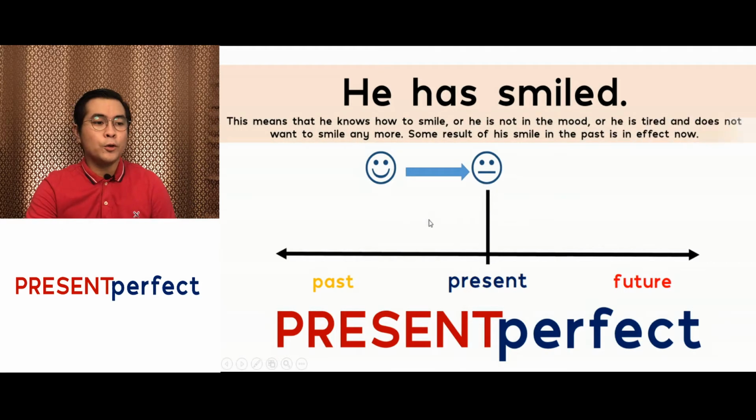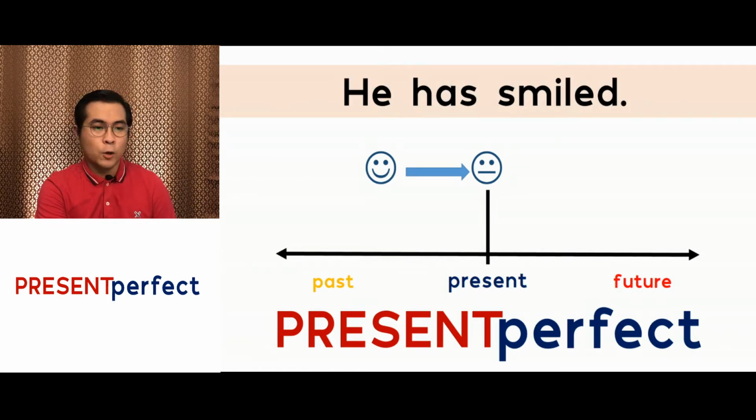So this means that he knows how to smile, or he is not in the mood, or he is tired and does not want to smile anymore. So some result of his smile in the past is in effect now. The effect of that transition from that action or situation can now be seen at present. So when you report it, it's not anymore in the present, but it's actually done in the past, or somewhere here before the now.